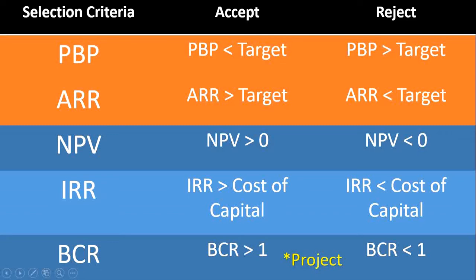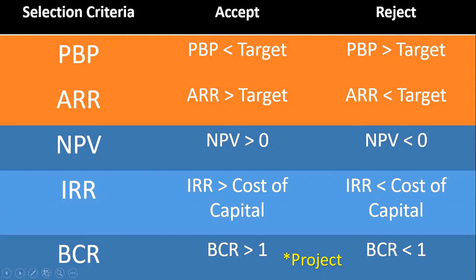So we'll do the calculation and understand it properly later on. But my purpose of this video was to make you understand when you should accept the project or when you should reject the project, and in which situation you should perform how.